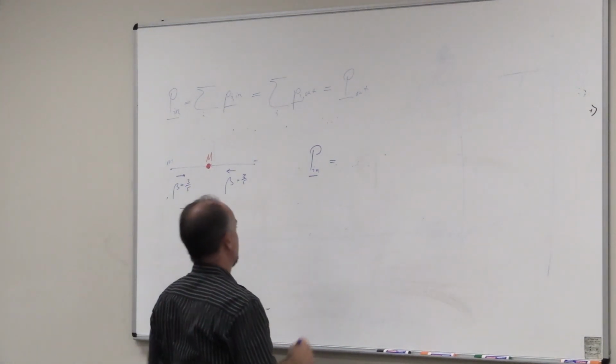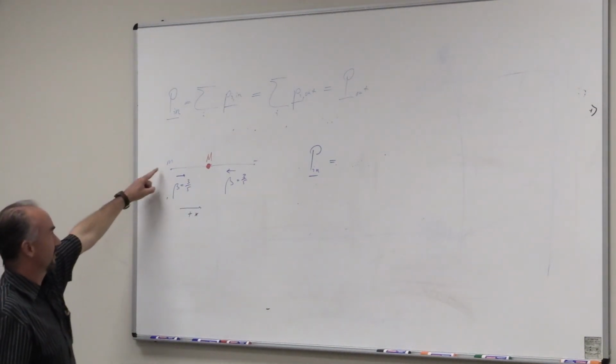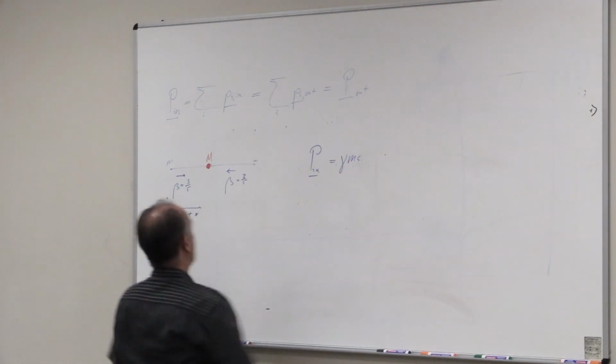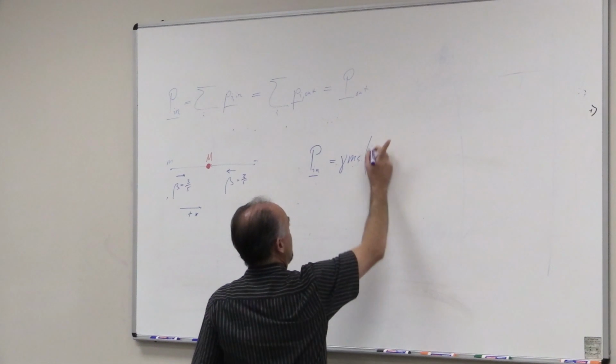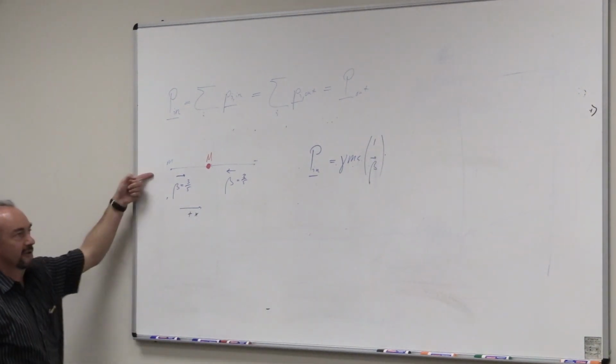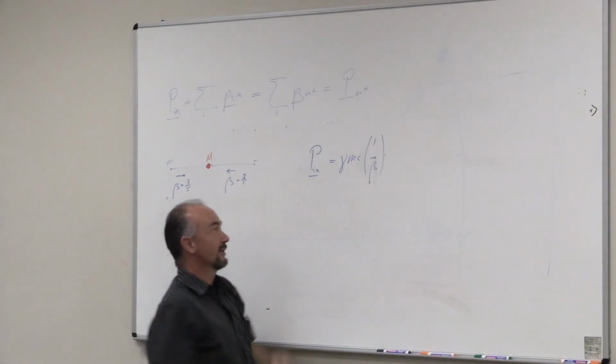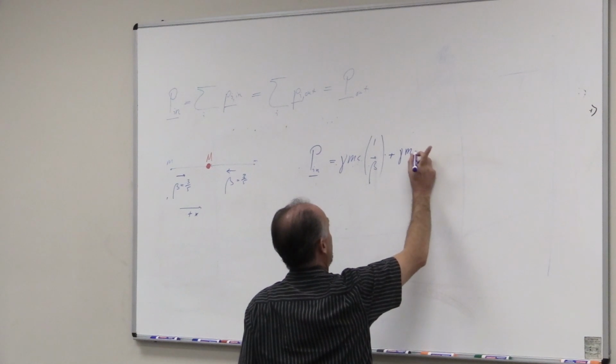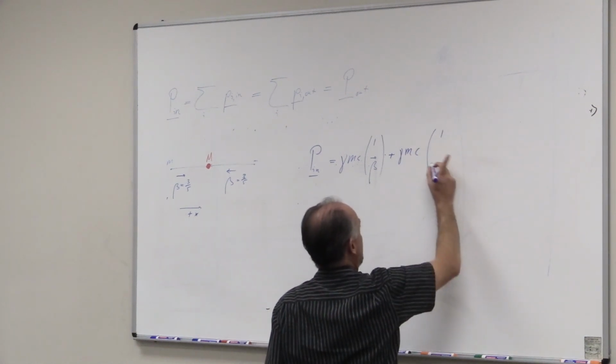Then, well, what's the four-momentum of the particle? Gamma mc times (1, beta), because this particle goes forward in the beta direction, and then we have another one, gamma mc times (1, minus beta).